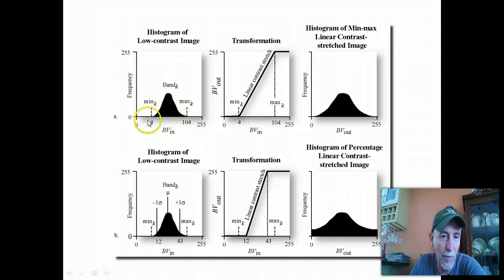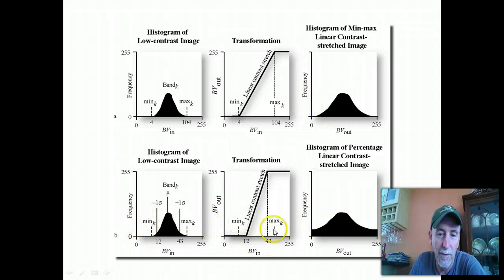This would be on an 8-bit scale, and we stretch that out using a linear function. We stretch that out to 0 to 255, and what typically happens, you don't really see this here, but we actually open up spaces between adjacent values in the raw histogram and really move them apart one from the other, so that they're more easily discriminated when we visually interpret the image.